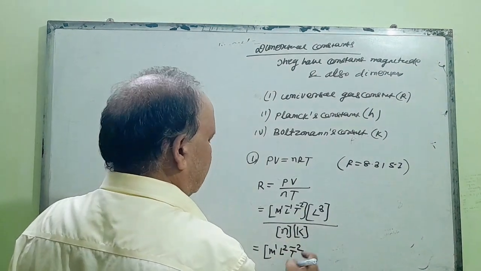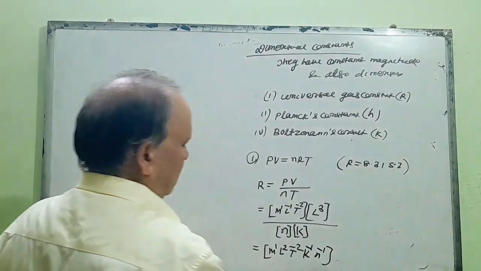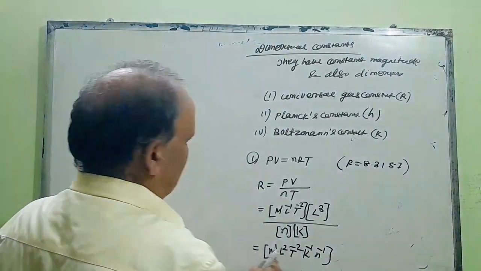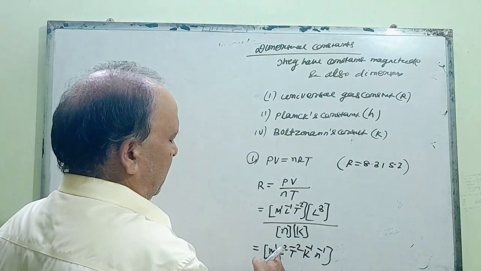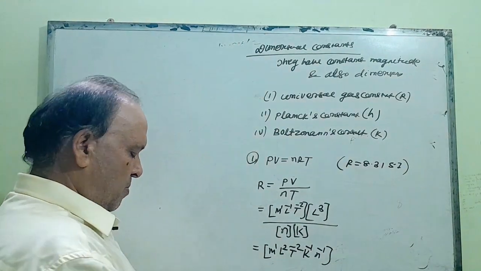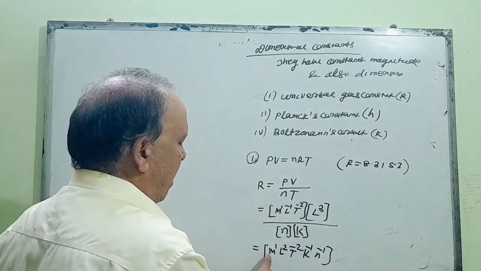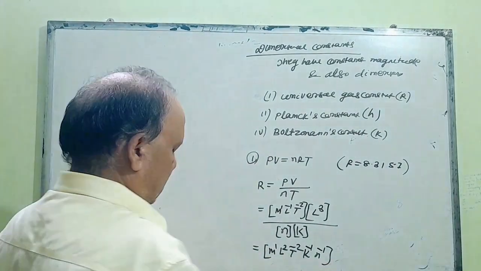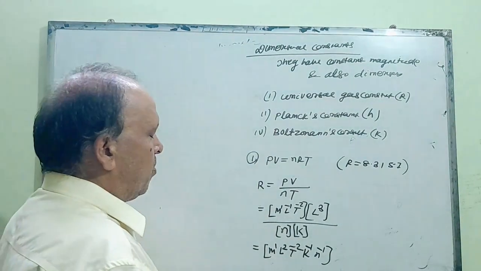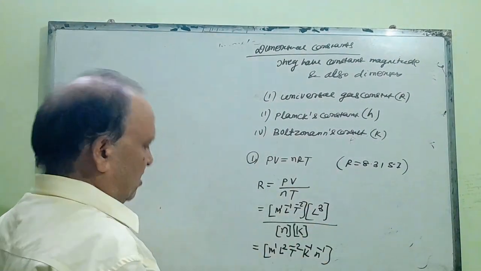First you write mass, length, time, then K to the power minus 1, n to the power minus 1. This is the dimensional formula of R. That is M L square T to the power minus 2 K to the power minus 1 n to the power minus 1, in mass, length, time, temperature, and number of moles or amount of substance respectively.